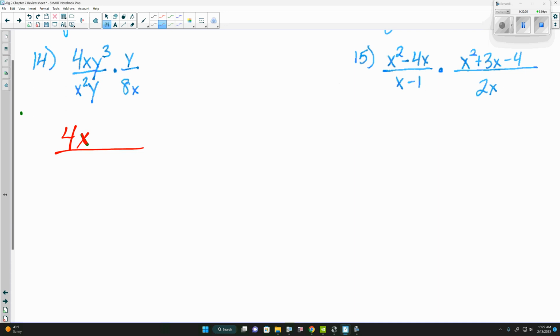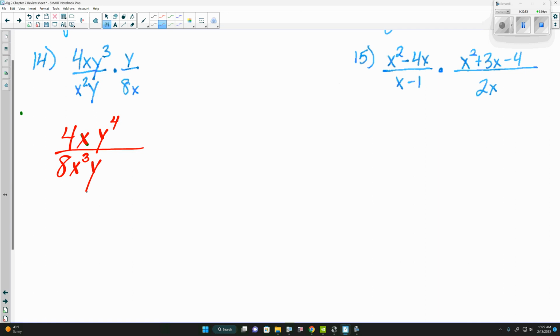When we multiply like bases, we add the exponents. So that gives us y to the fourth. In the denominator, 8 is our only number, so it moves to the front. Now we do have x squared times x, which is x to the third, and we have y.